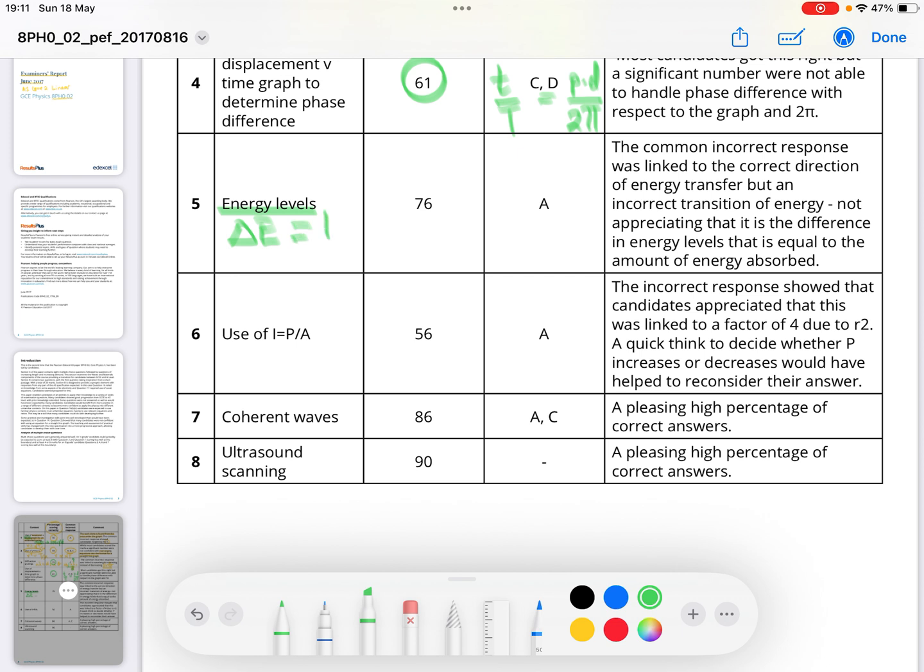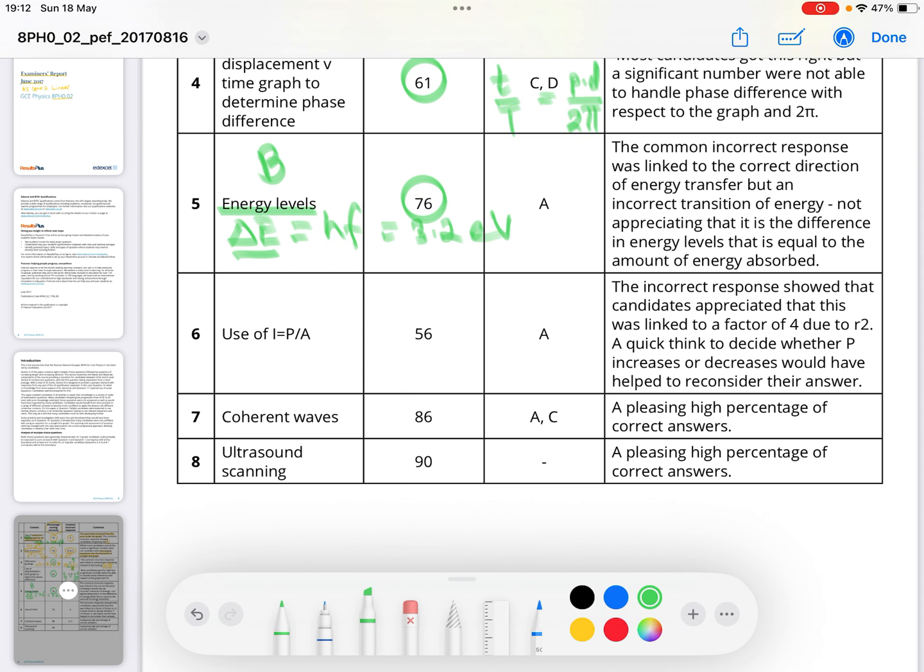So delta E must be equal to hf, which is 3.2 electron volts, and only one transition, from the ground state to level 2, gives you the right answer. 76% of students got it right, so the answer is B. Some people got A. I don't know why they got A. I think they were looking at the energy of level A rather than the energy difference between two levels. Okay? So the answer is B.